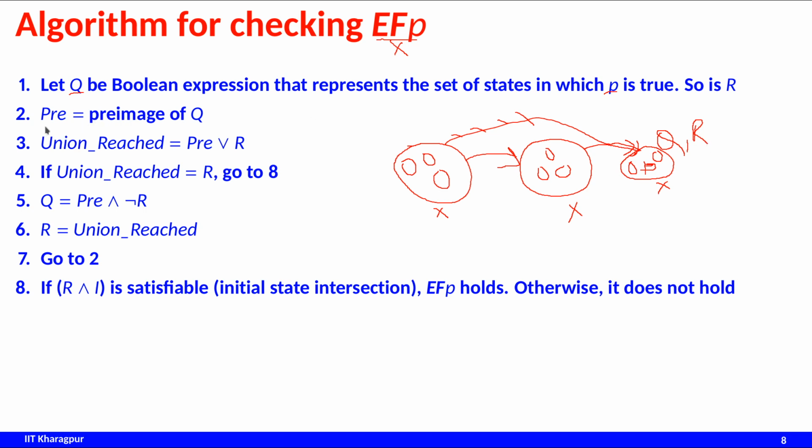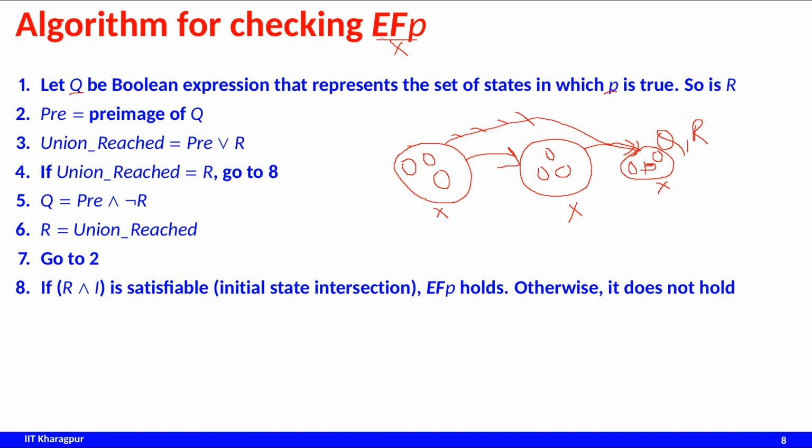We compute the pre-image of Q. This is the set of states in which EFP is true. We just need to find out the pre-image, because all the states that belong to the pre-image will also have EFP true. So we compute the pre-image and let us call this pre.